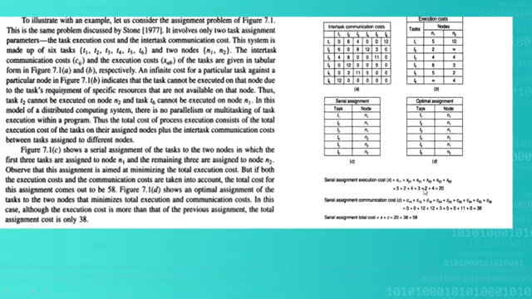Don't confuse. And T5 is assigned to N2, that is 2. And T6 is assigned to N2, and its cost is 4. If you total all these figures, the execution cost will be 20.